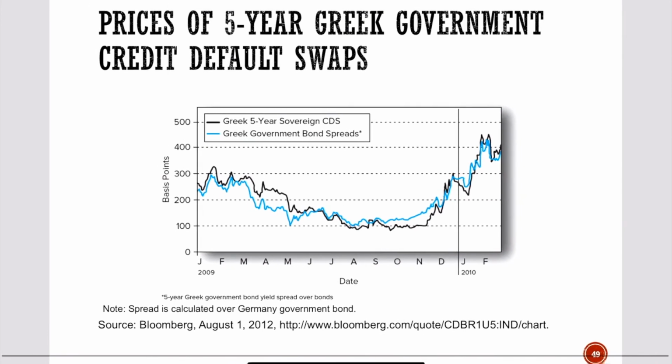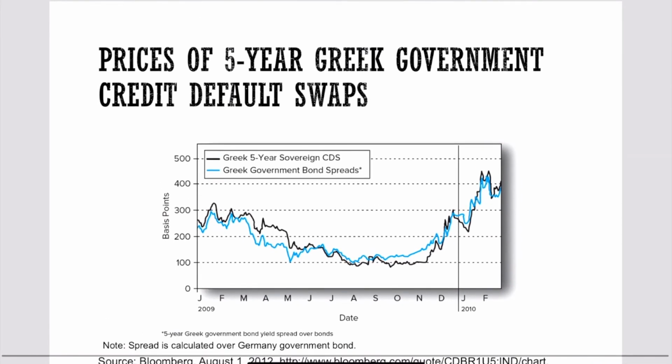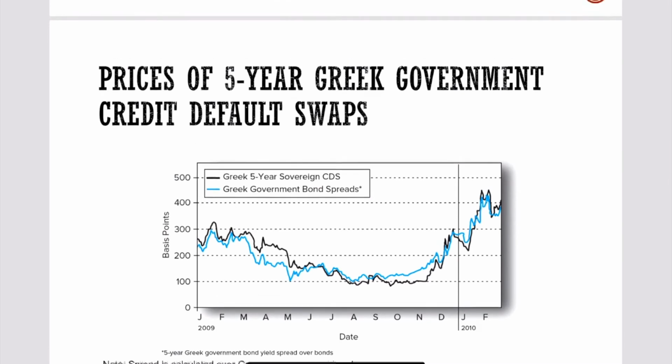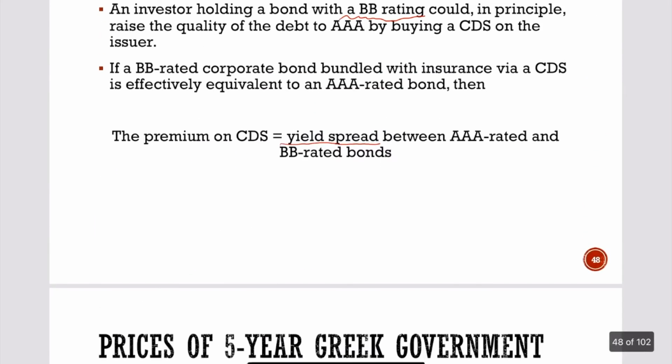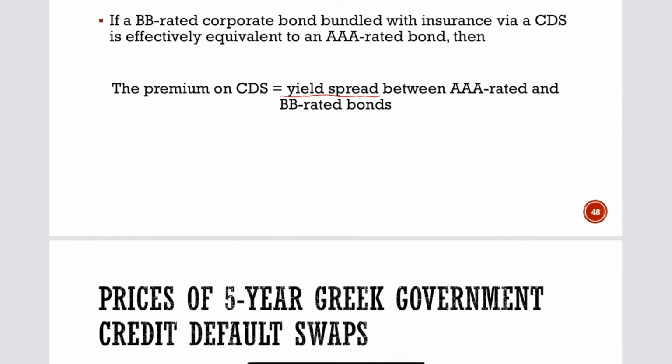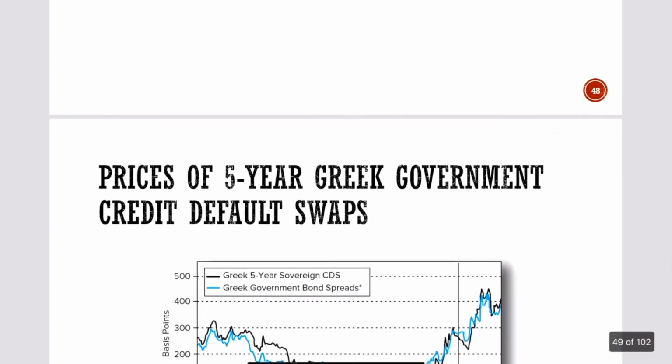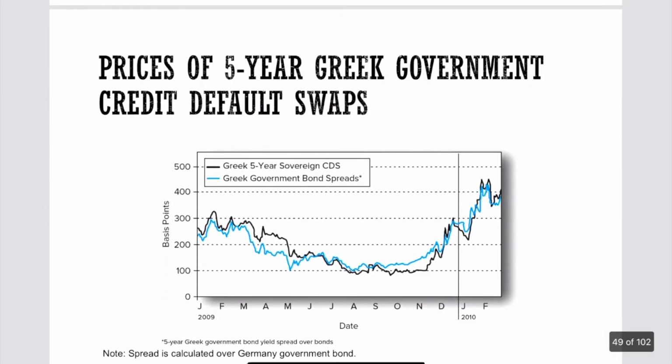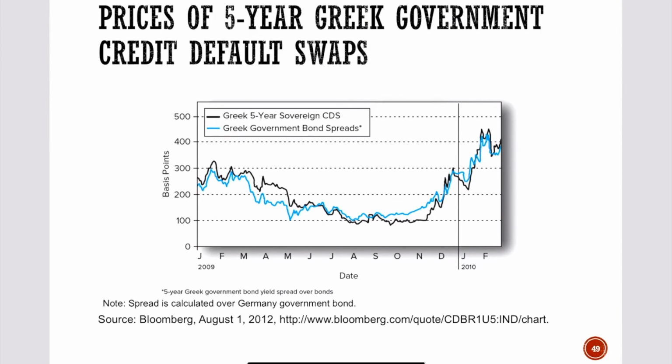And now empirically, you can see that this equation, that is, premium on CDS equals yield spread, roughly holds true from historical data. If you look at this picture here, we're looking at basically two curves.